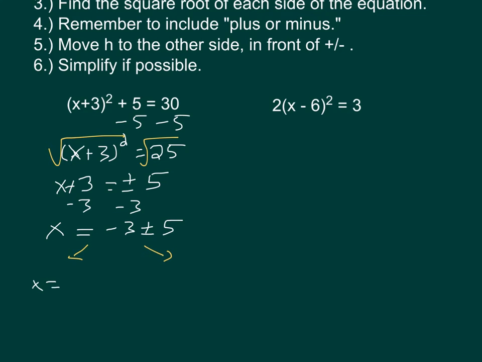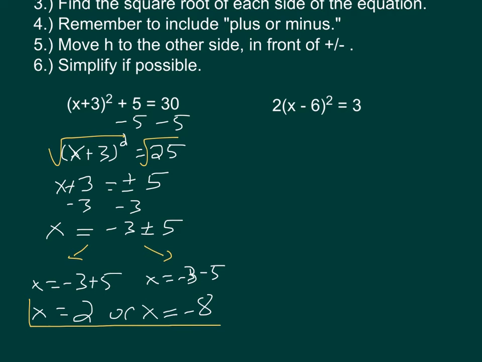That means I could take negative 3 and add 5, or I can take negative 3 and subtract 5. Which means I'm going to get two answers. Negative 3 plus 5 is 2, and negative 3 minus 5 is negative 8. So those are my two solutions for this one, 2 and negative 8.